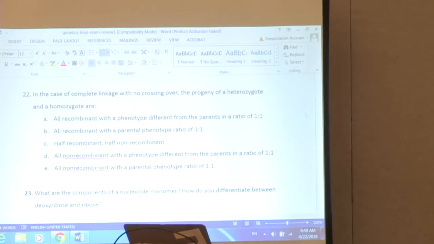So if they're close together, we're probably thinking they're on the same chromosome, right? In the case of complete linkage, they're so close together on the chromosome that crossing over is statistically not going to happen, because we know crossing over occurs at a random part along the chromosome.